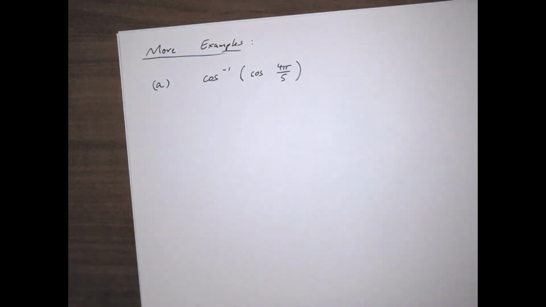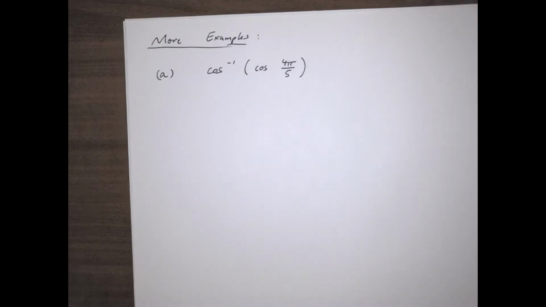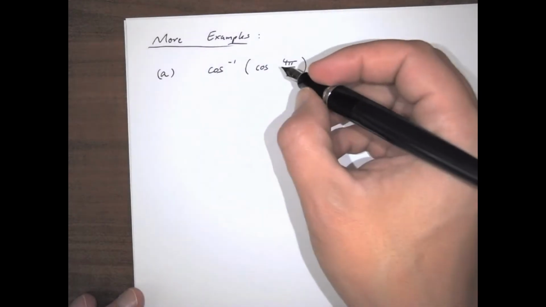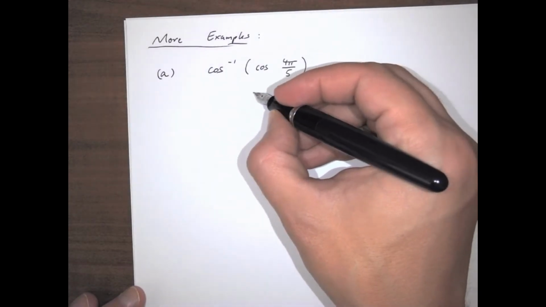Okay, so the most important question that you have to ask yourself is, will this function and its inverse just cleanly cancel each other out? That's the hope. And they will cleanly cancel each other if the number you have been given is already within the appropriate range of cosine inverse.